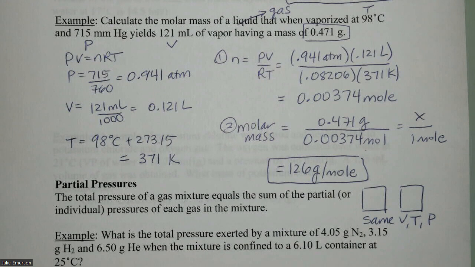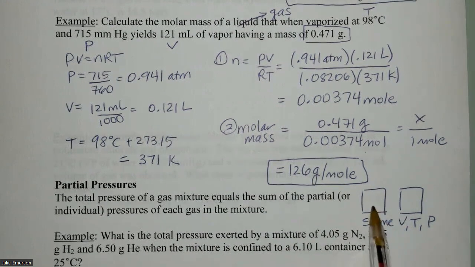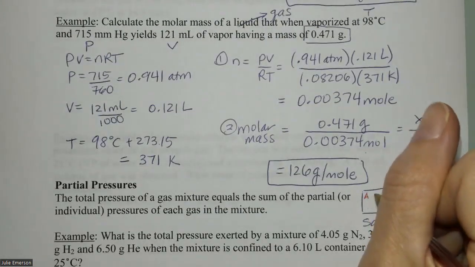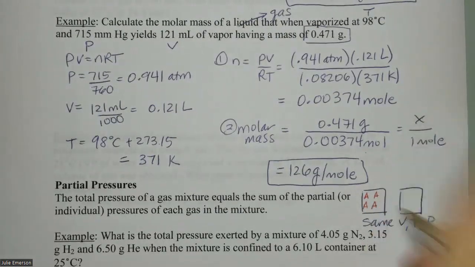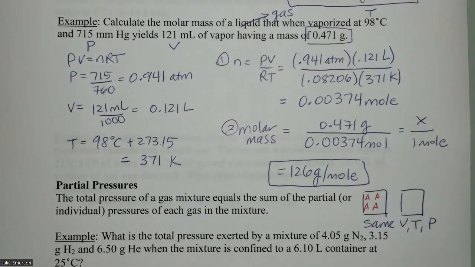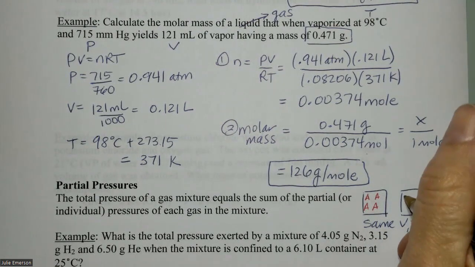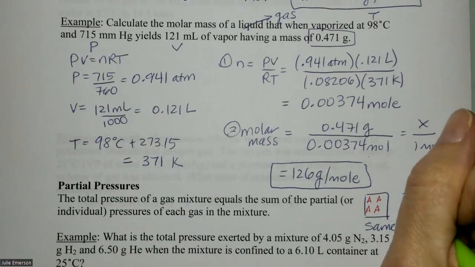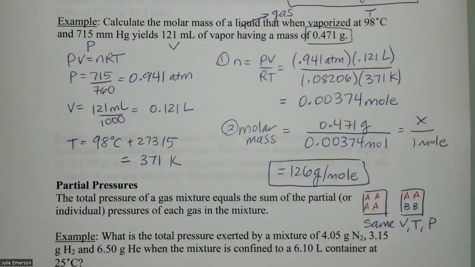Dalton's law of partial pressure says that if container A just has hydrogen in it, but the other container has hydrogen and oxygen in it, right?